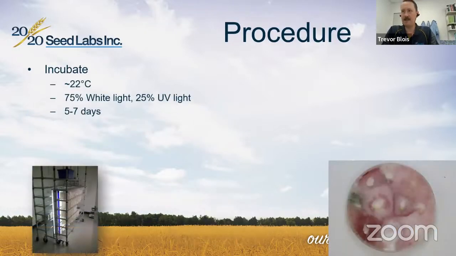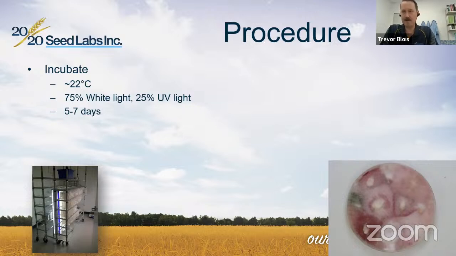Then we incubate it at around room temperature, about 22 degrees Celsius. We have specific lighting conditions, 75% white light and 25% UV light, and that puts the growing fungal colonies under a little bit of stress and induces them to produce spores, because often those spores are the diagnostic feature that allows us to differentiate different colonies.